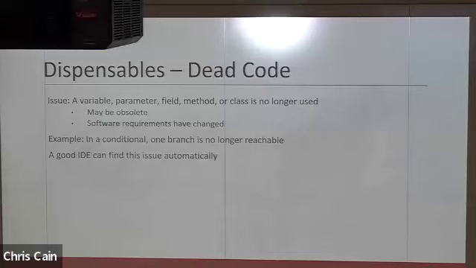Whenever you see something like unreachable code, you don't necessarily want to jump to the conclusion that it's not necessary. Maybe there's a logic error somewhere in your code where this code should be reachable and it's not. But that will at least identify a potential issue for you to look into the reasoning for.